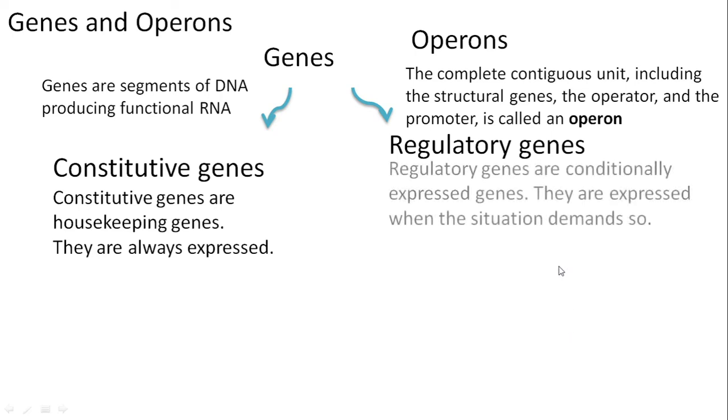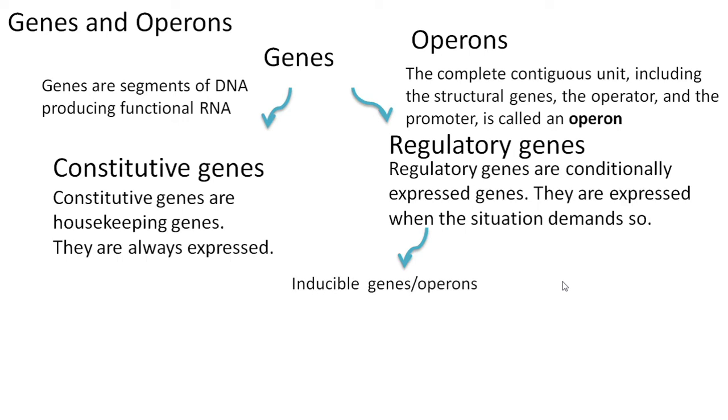Regulatory genes, as we were told, are conditional. They depend on whether the environment requires their expression or not. They could be of two types: inducible and repressible. Inducible means they were in negative control, negative mode, and they need to be induced. When the environmental factor arises, then these genes need to be switched on.